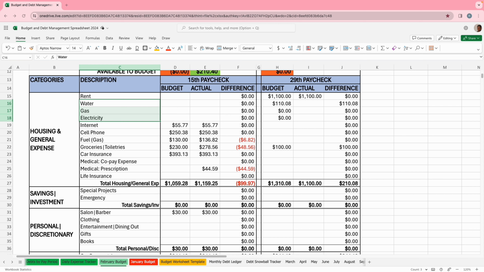For the most part, I know service providers are willing to work with us. So stay committed, track your progress, review the budget, make adjustments. Remember, you are in control of your financial future. It's going to be rough. It's going to be challenging. But at the end of the day, it will all be worth it.